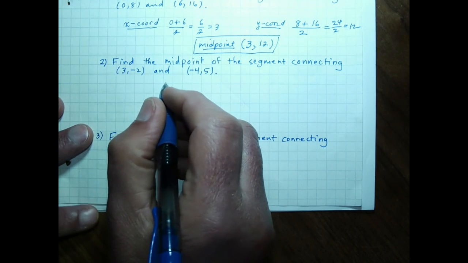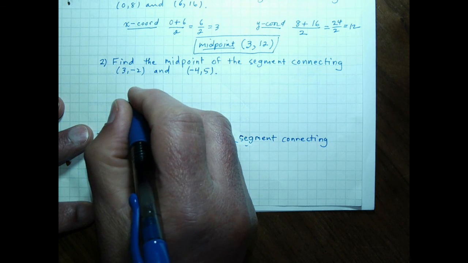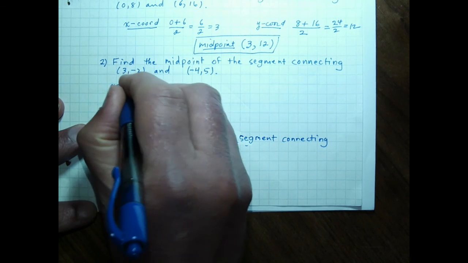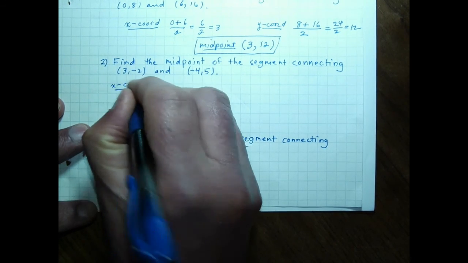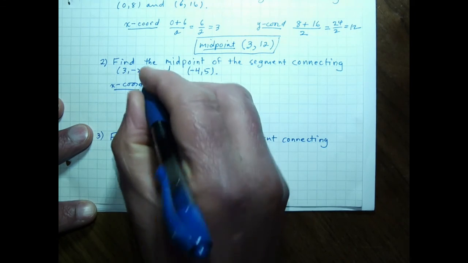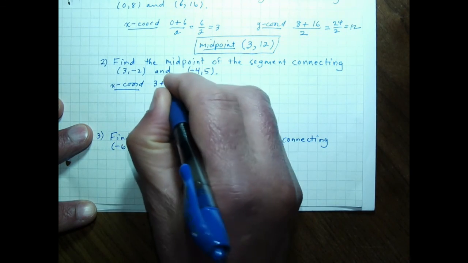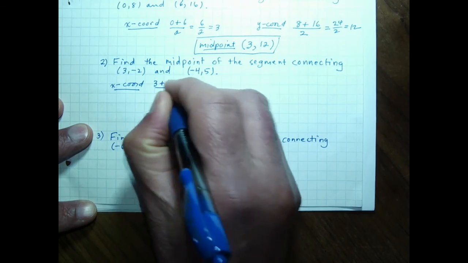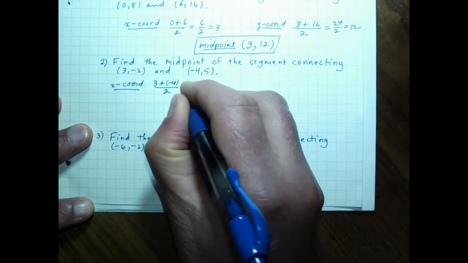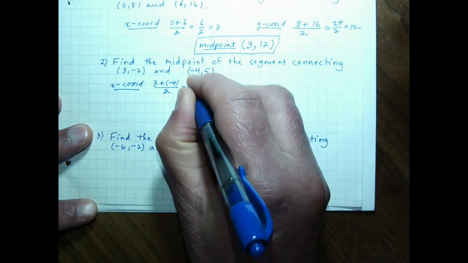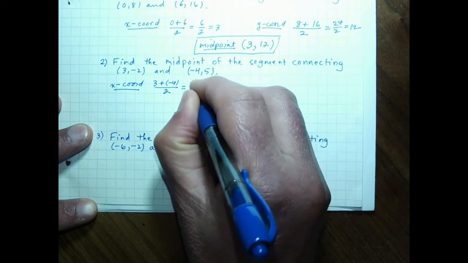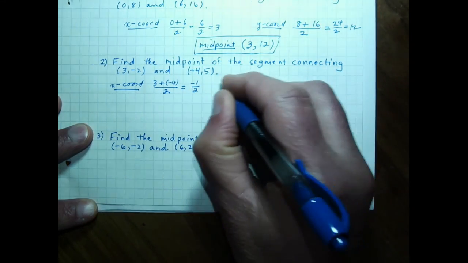You might not have taken an average of a positive and a negative number before. For the x-coordinate, we're going to take the average of the x-coordinates, 3 plus -4, and divide by 2. That's -1 over 2, or -1/2.